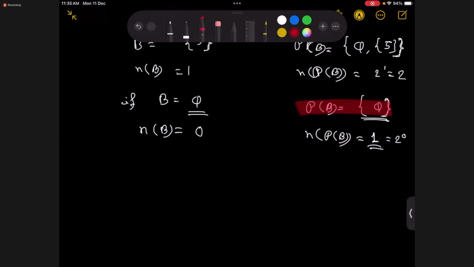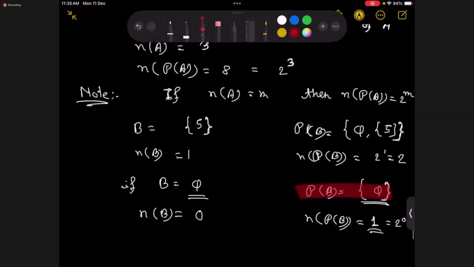But n of P of B equals 1 because P of B contains one subset, which is phi.